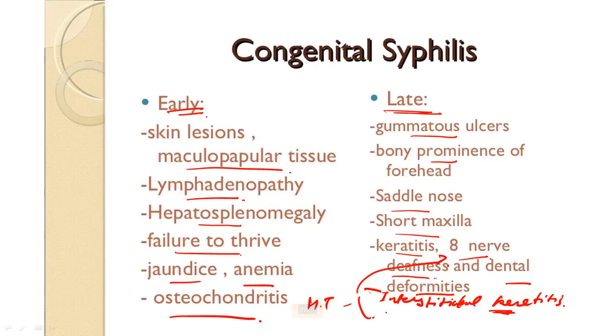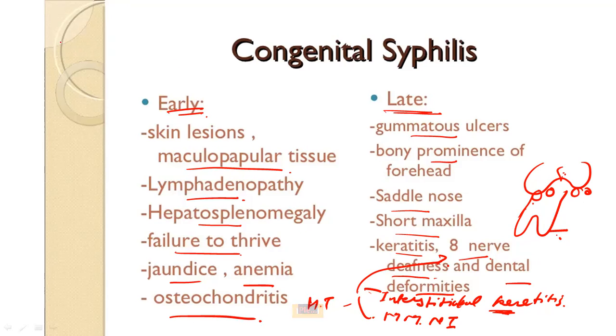Then the third one is mulberry molars and notched incisors. So what are these? Mulberry molars are like cusps on the molars, right? And notches in the central incisor. I'll make a different video on Hutchinson's triad because it is actually important.